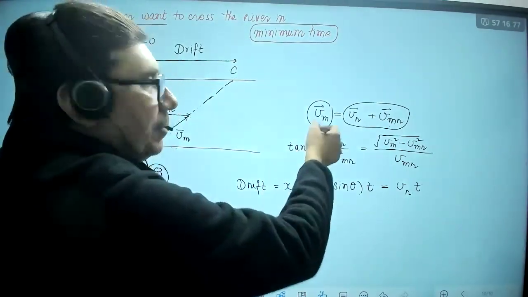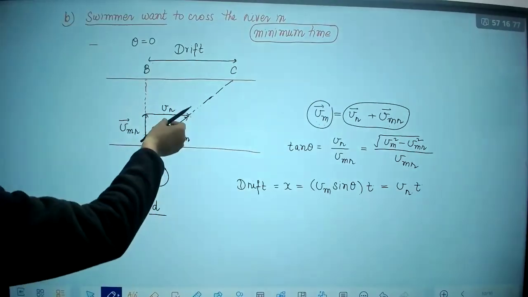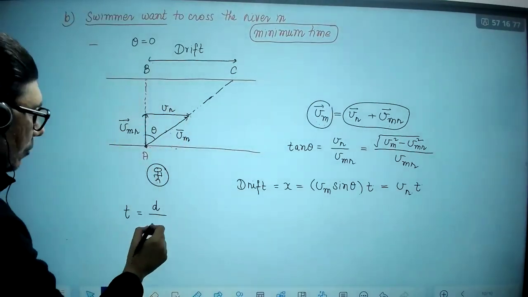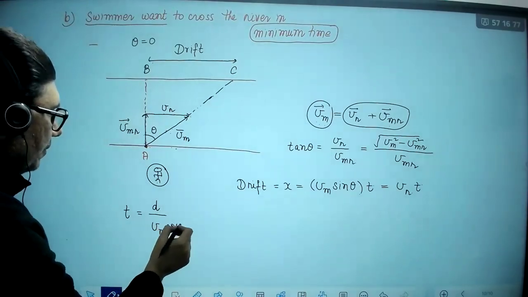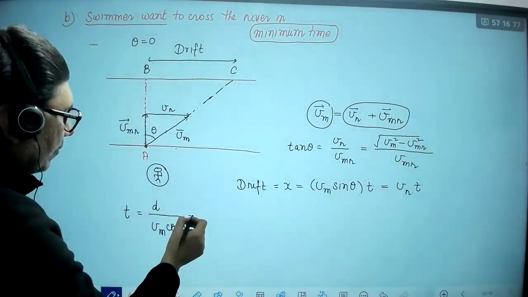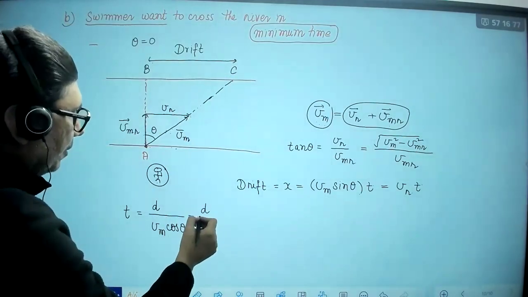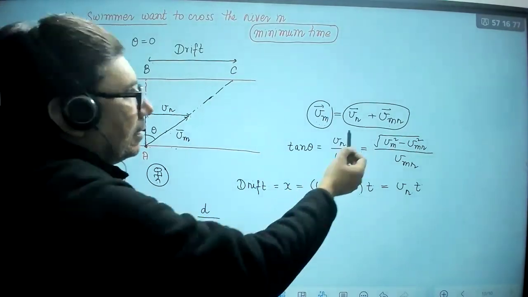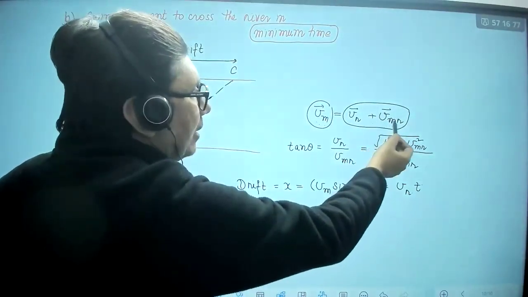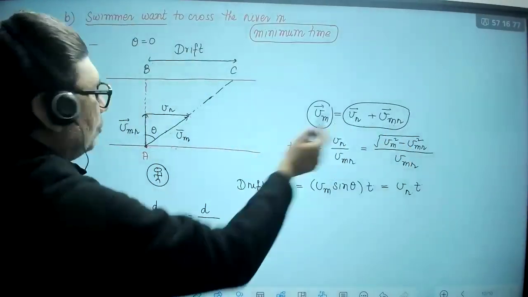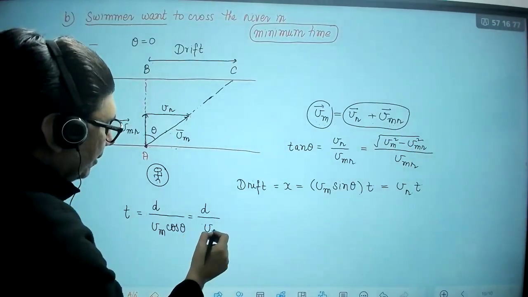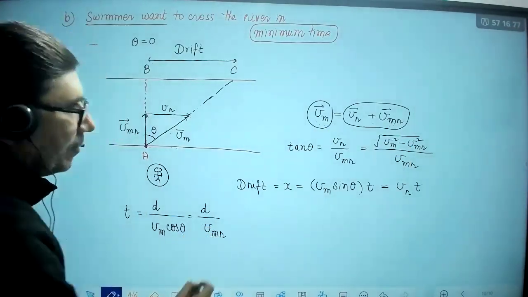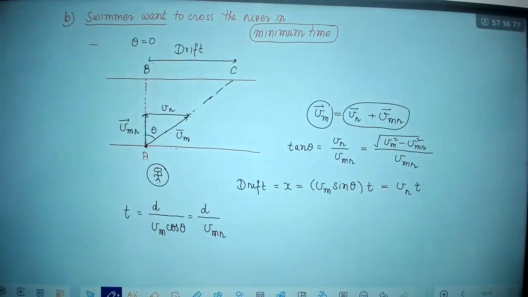The component of this Vm in the perpendicular direction is Vm cos theta. So T will be D upon Vm cos theta, or D upon VMR, since this is the y component, that is VMR here.